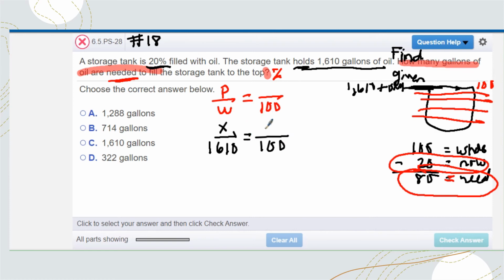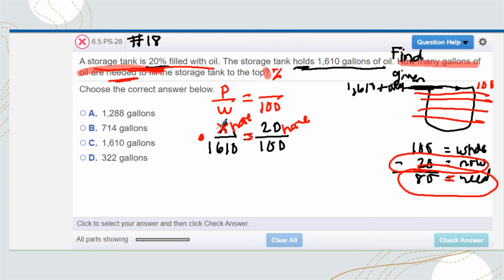So if we use 20% right here, since this 20% represents what we have filled right now, not what we need, 20% is equivalent to what you have, x. So let's just solve for the variable.